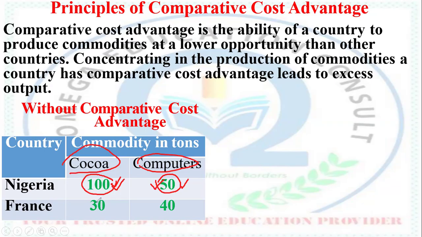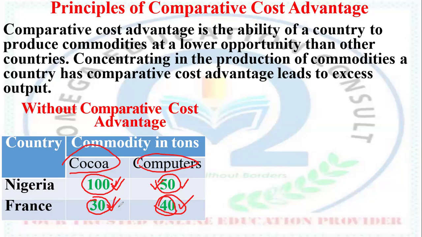Now let's come to France. France is producing 30 tons of cocoa and 40 tons of computers, meaning if France chooses to produce 30 tons of cocoa, it will have to forgo 40 tons of computers. And if it chooses to produce 40 tons of computers, it will forgo 30 tons of cocoa.